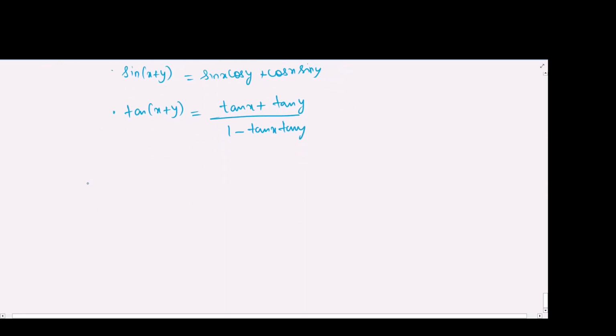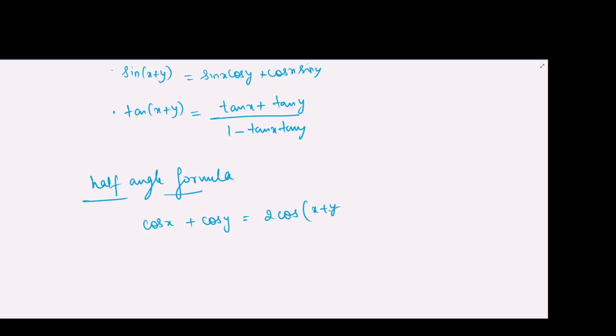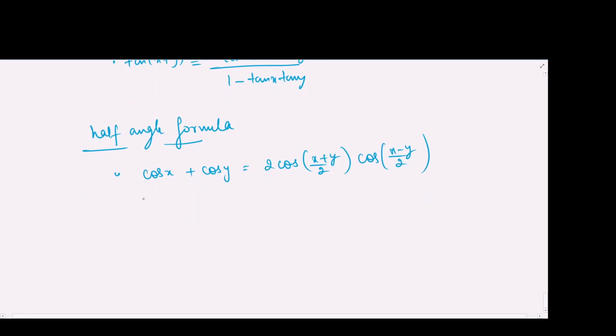So now we have the half angle formulas. Cos x plus cos y is equal to 2 cos((x plus y)/2) cos((x minus y)/2). Cos x minus cos y is equal to minus 2 sin((x plus y)/2) sin((x minus y)/2).